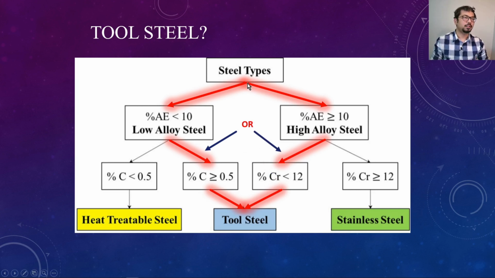The first statement should be this one and this one to become a tool steel, or this condition and this condition. So we just have to be really careful. We have to use AND conditions on the insides, and then the OR condition to differentiate between these two, because either of the paths I take should go to this tool steel value.